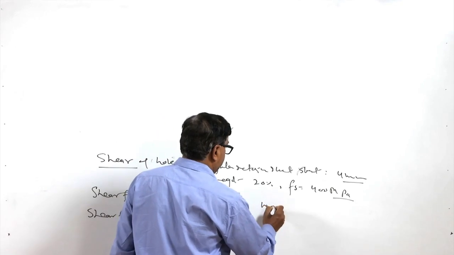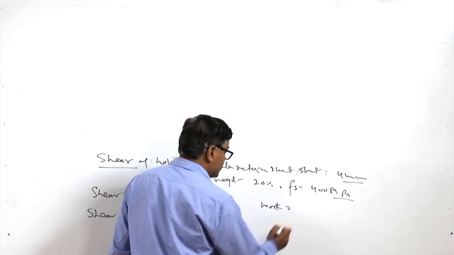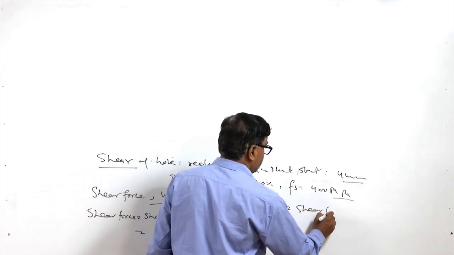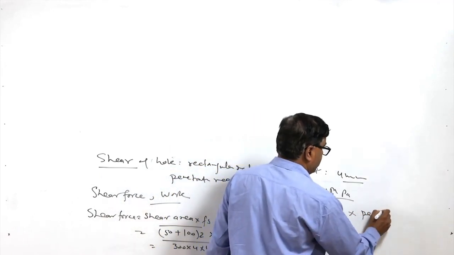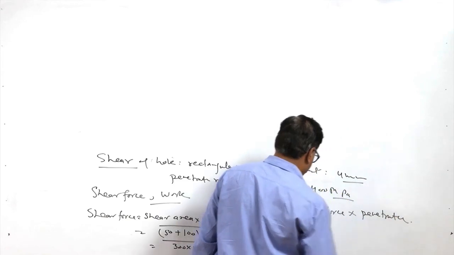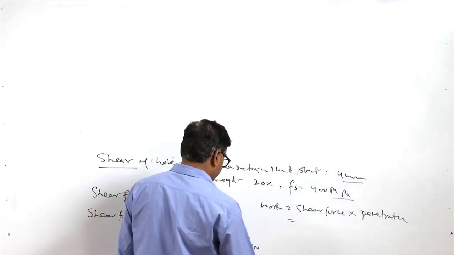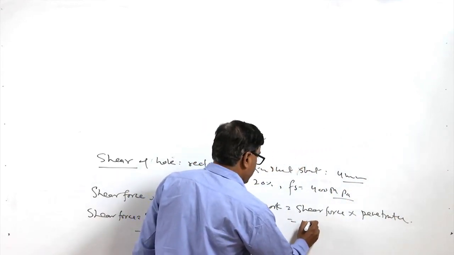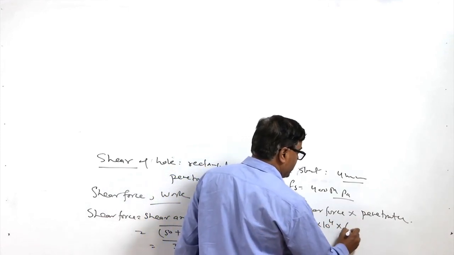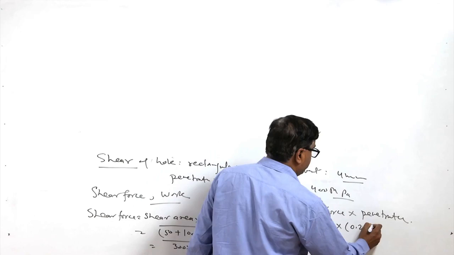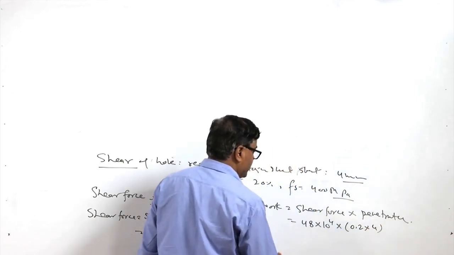The work required for the shearing is the shear force multiplied by the penetration. So 48 multiplied by 10 to the power 4, into the penetration 0.2, multiplied by 4, the sheet metal thickness.